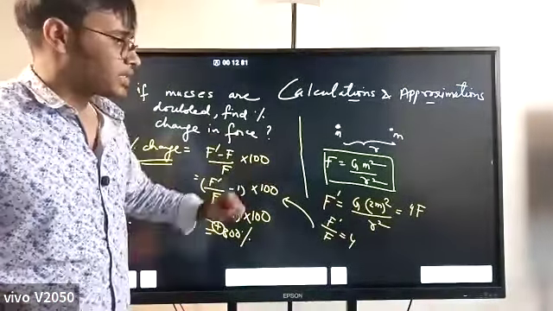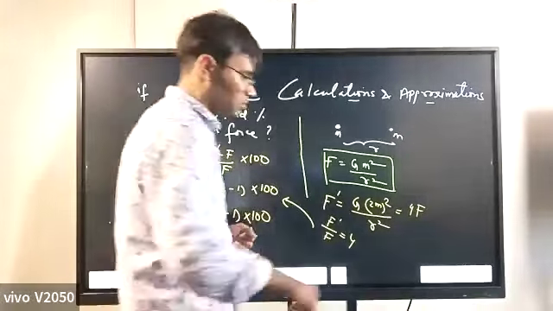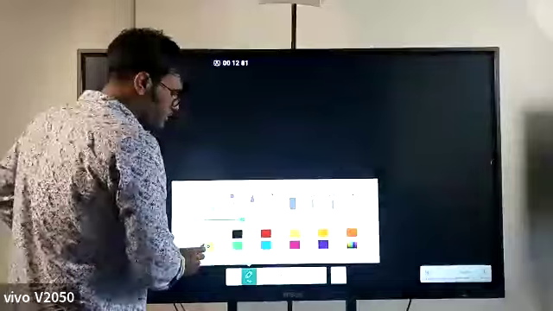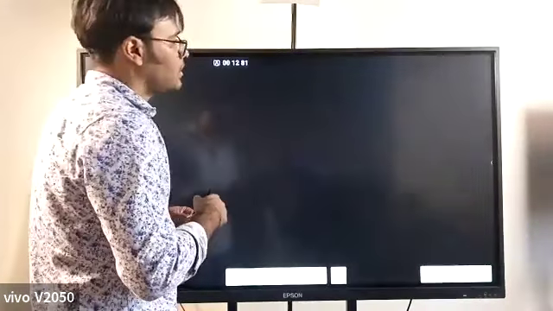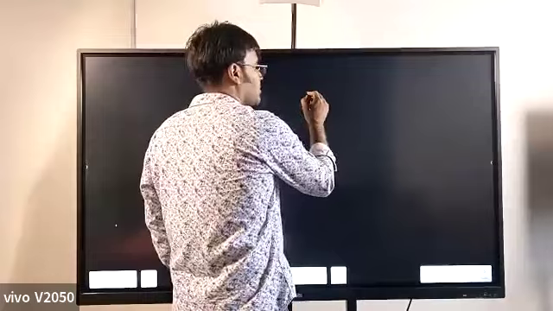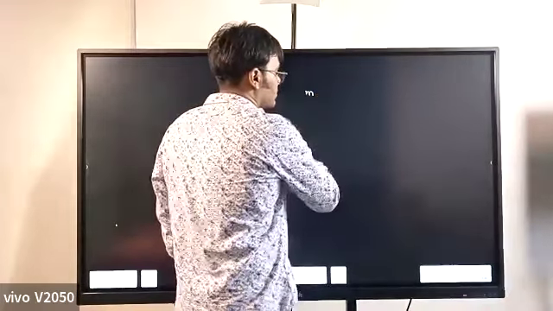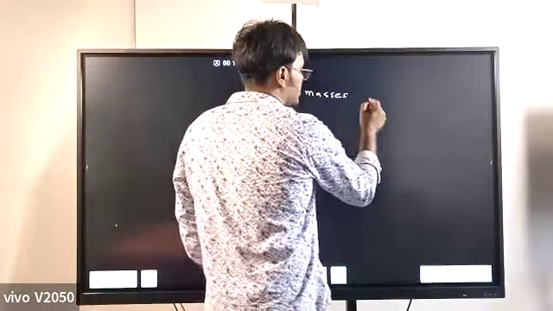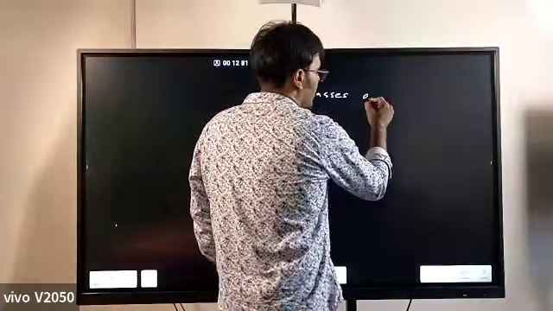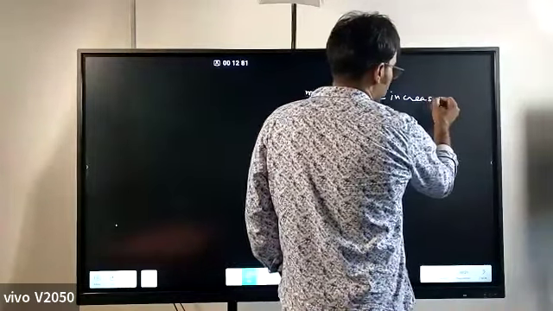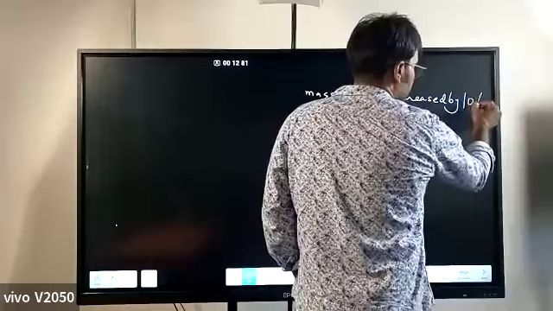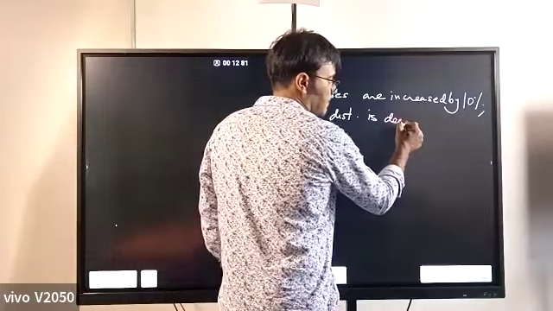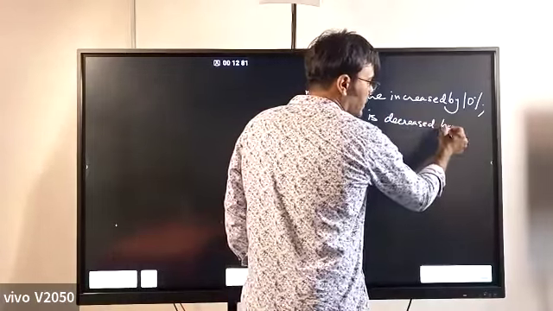So let's practice this question with a little bit more calculation. So suppose now I ask you the same formula. Let's say masses m1, m2 are increased by 10% and distance is decreased by 10%.